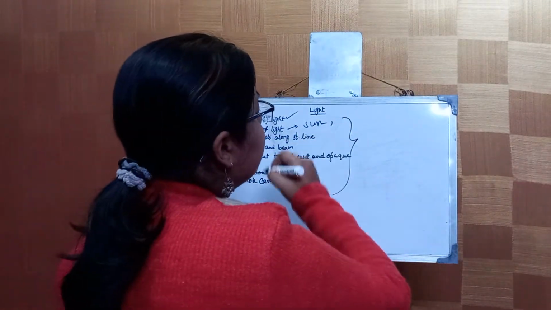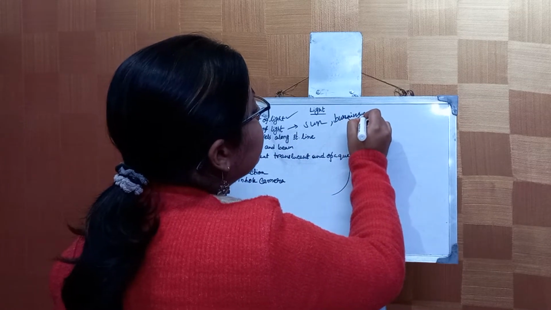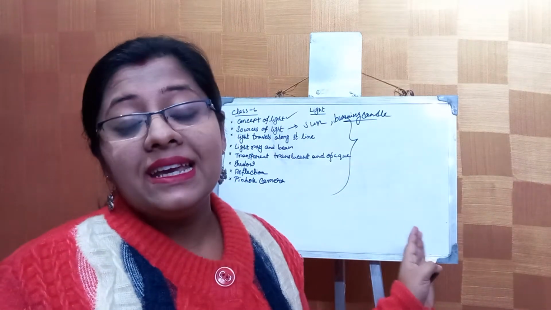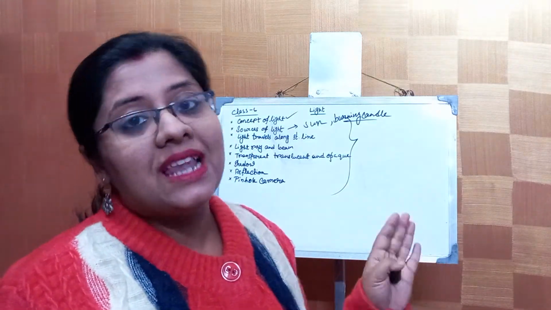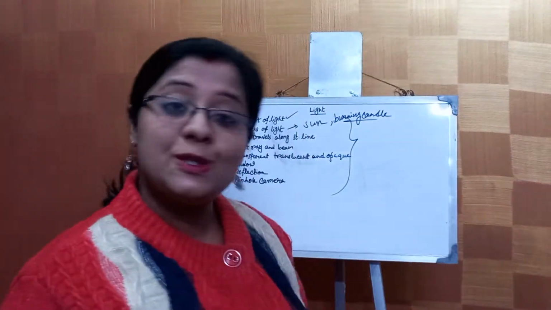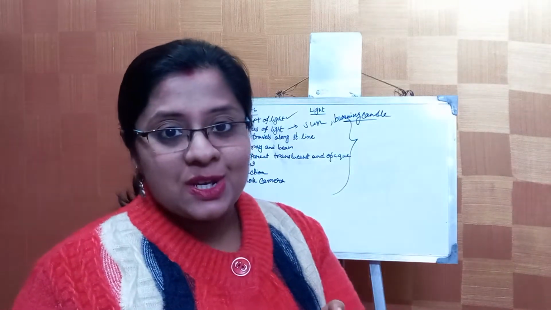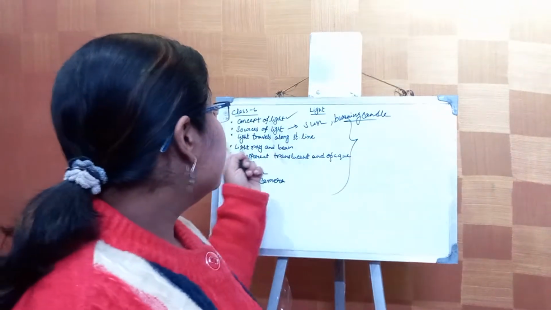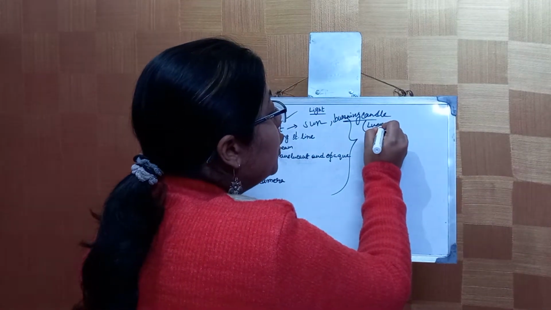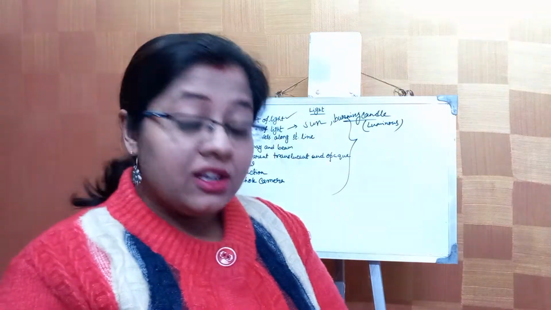Now I'm writing here burning candle. So what is burning candle here? Burning candle can give you the light. But you can say okay, this is the man-made. Yeah, definitely this is man-made. But still a burning candle emits light. So you can say this is luminous object. Which kind of object this is? Luminous object.